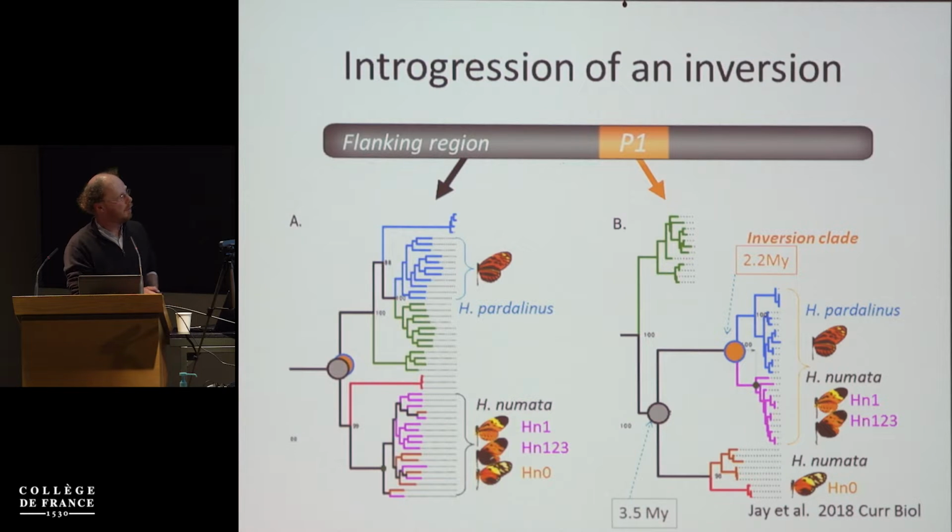So there's been about 1.5 million years of evolution before introgression, and this is what explains to us the differentiation of the different haplotypes, because they were differentiated in different taxa, and the inversion in pardalinus is actually fixed, and so it can recombine freely in that population.